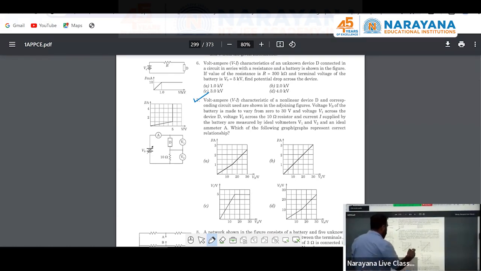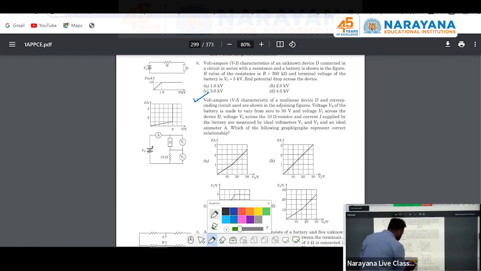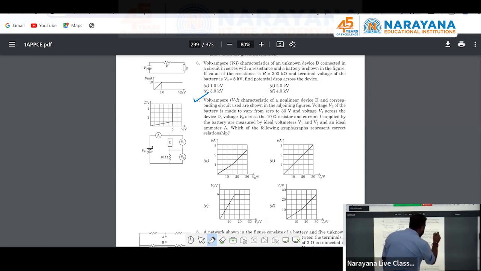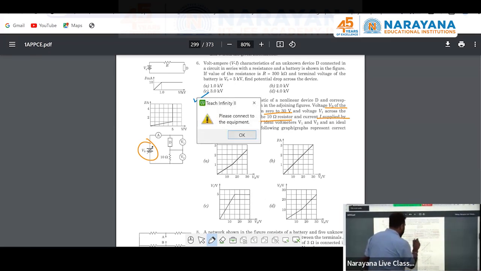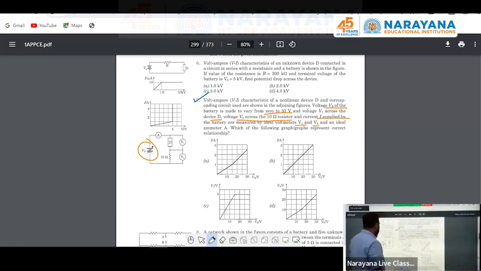This is information which you have to analyze carefully. Voltage VB of the battery is made to vary. This is the variable voltage, from 0 to 30 volt. And V1 across the device D, voltage V2 across the 10 ohm resistor, and the current I supplied by the battery are measured by ideal voltmeters V1 and V2 and ideal ammeter.